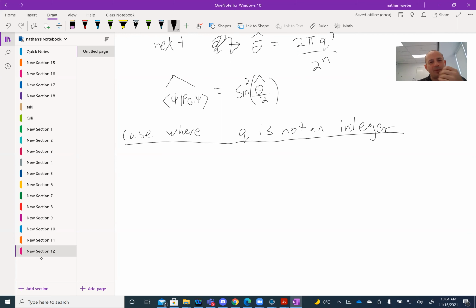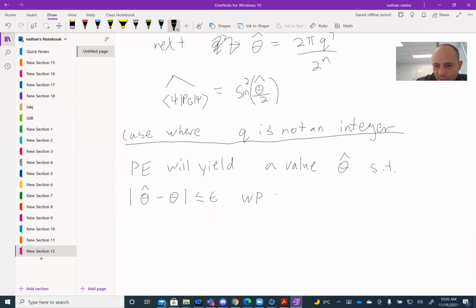In the event that this happens, we can use our results of phase estimation to say PE will yield a value theta hat such that the absolute value of theta hat is less than or equal to epsilon, with probability greater than or equal to 1 minus delta.